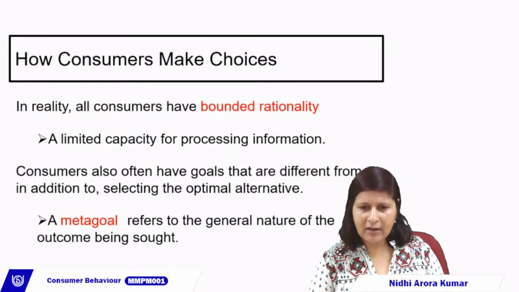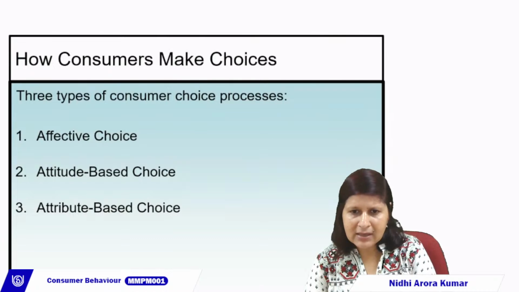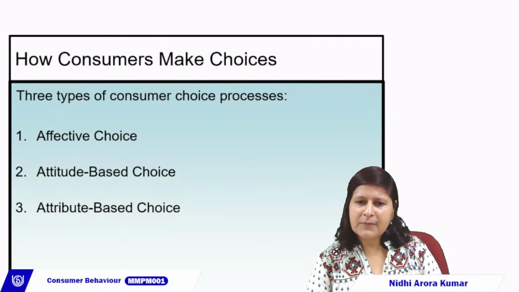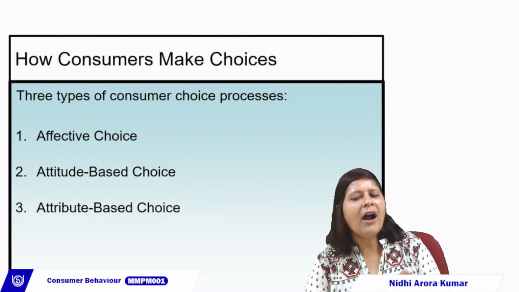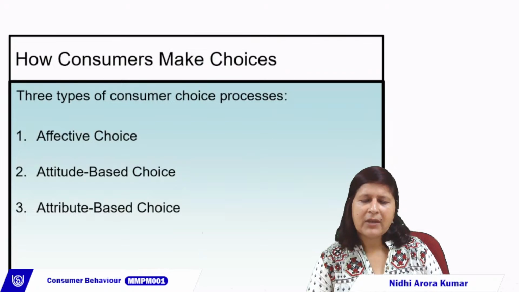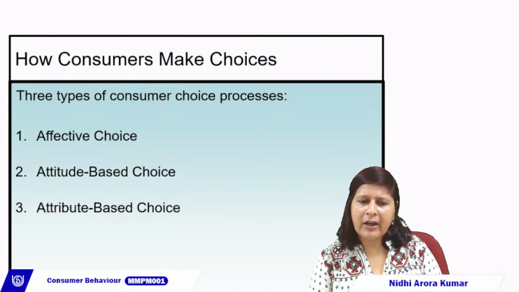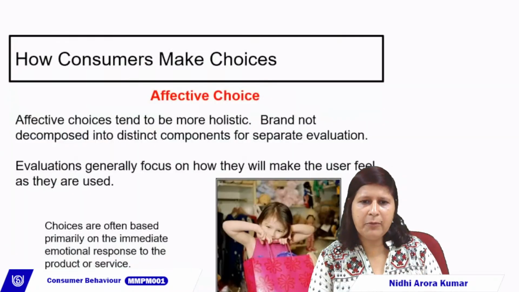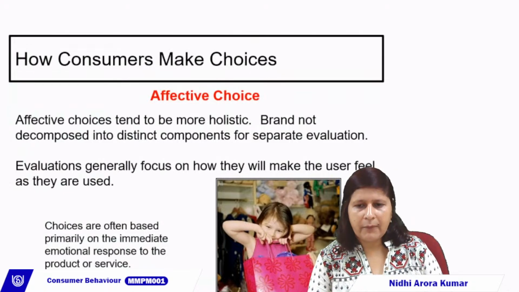How does a consumer make choices? There are three types of consumer choice processes: the affective choice, attitude-based choice, and attribute-based choice. So a consumer can choose on the basis of affect, attitude or attributes. What is affective choice? Affective choices tend to be more holistic.